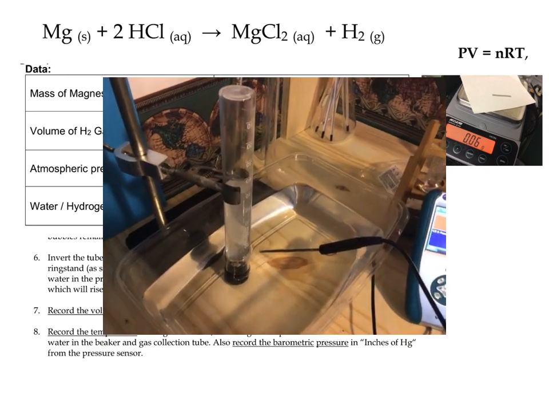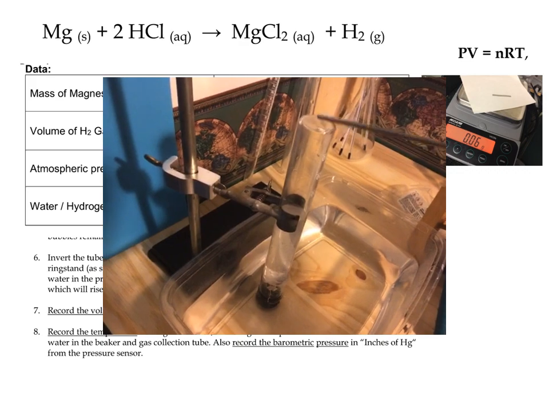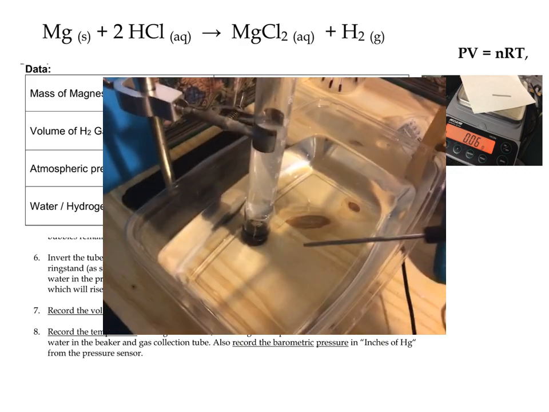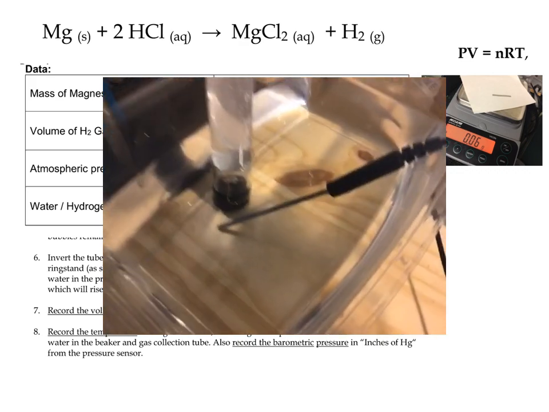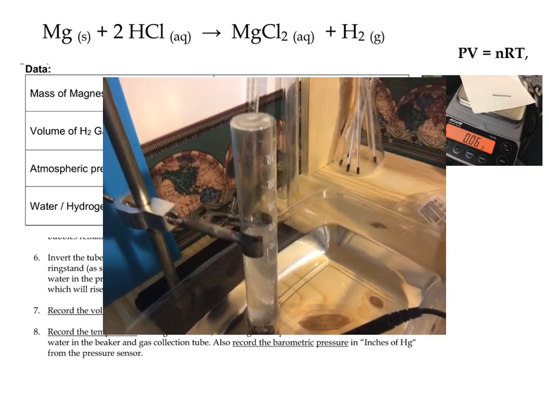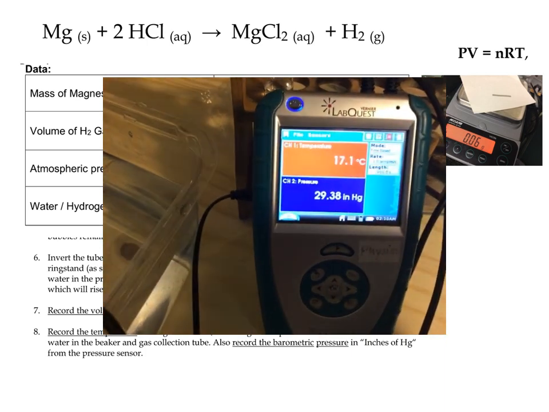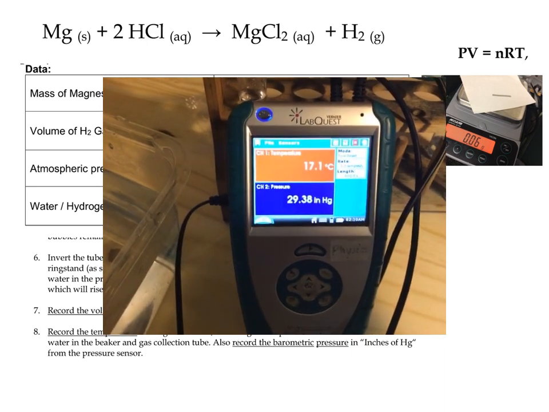Next then, we need the temperature of the gas. Now, we can't put the thermometer inside of the graduated cylinder, but we can measure the temperature of the water and then go with the assumption that the gas is pretty much the same temperature as the water, which is 17.1 degrees.